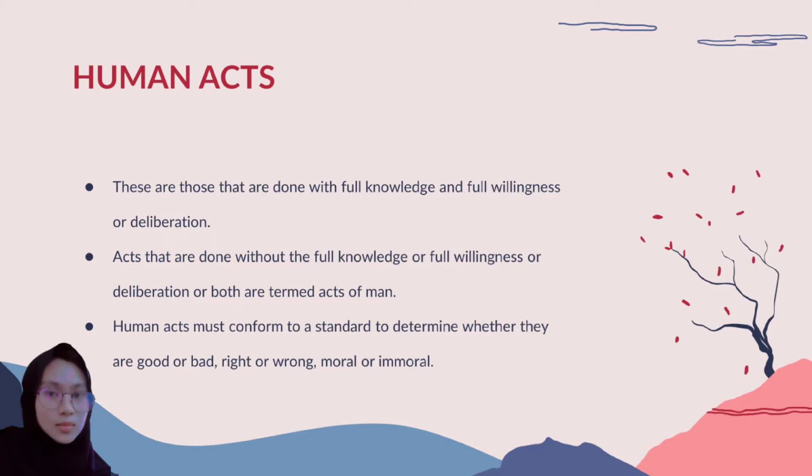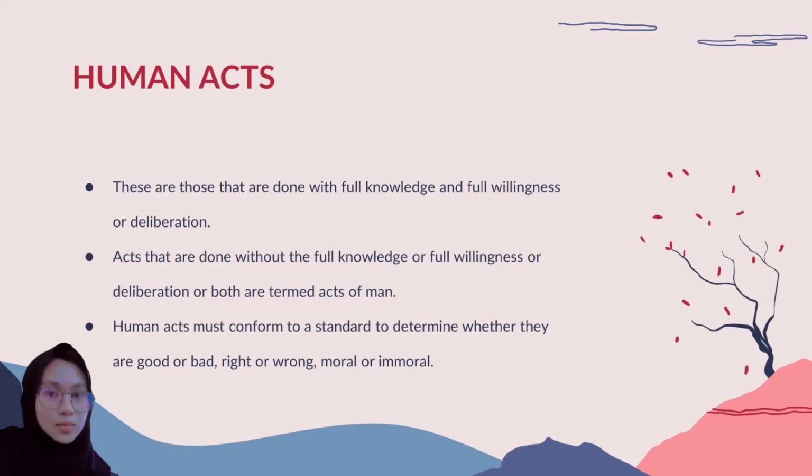Examples of acts of man are breathing, digestion, and circulation of the air in the body. These are natural processes within the body that continue to function without the use of free will and reason.